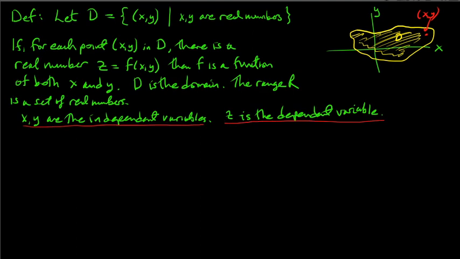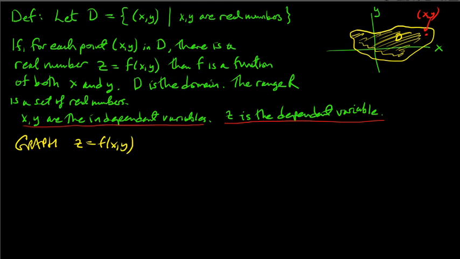And this is the only situation for which we can talk about the graph. So we can graph a function of two variables, but as we'll see later, we cannot graph a function of three variables.